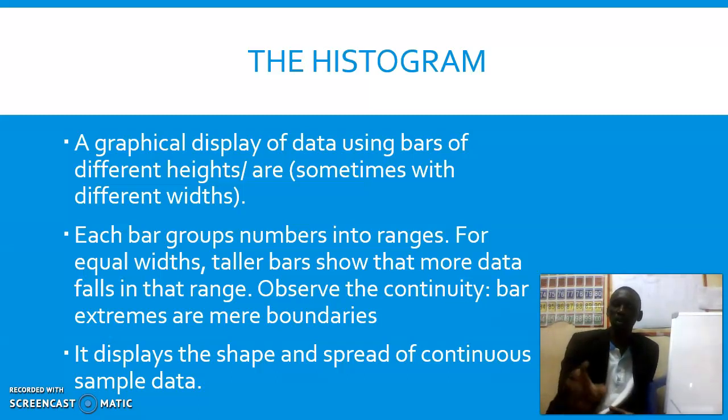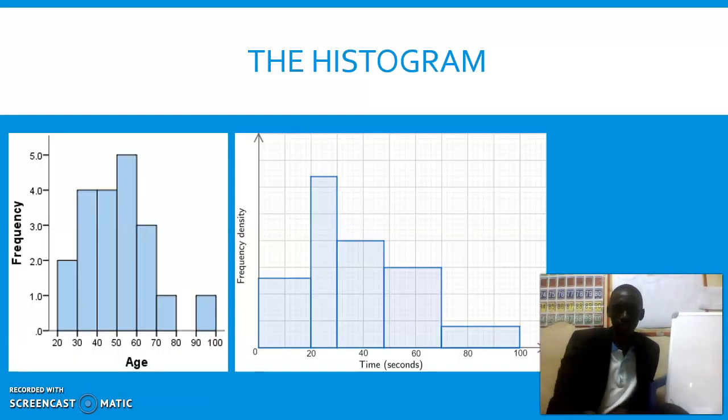The bar extremes are mere boundaries. I want to emphasize that for a histogram, it's not just about the length or the height of the bar, but rather the area, because you'll find that sometimes the bars have different widths depending on which classes in the group data were used. It displays the shape and spread of continuous data.